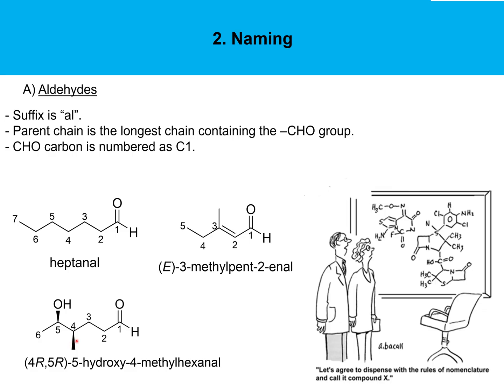And then on carbon 4, we have a methyl substituent that has stereochemistry as well, which is also R. In this case, this carbon here, labeled as 5, is the highest priority. Carbon 3 is the second highest, and the methyl is the third highest. So we would go from 5 to 3, again going in a clockwise direction, and therefore this is R.